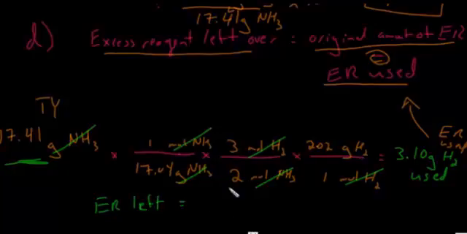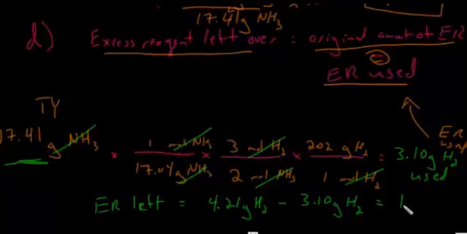It's the original amount that we had. We started this reaction with 4.21 grams of H2, and then how much was used? 3.10 grams of H2. How much was left over? 4.21 minus 3.10. So 1.11 grams of H2 left over. And there's your final answer.